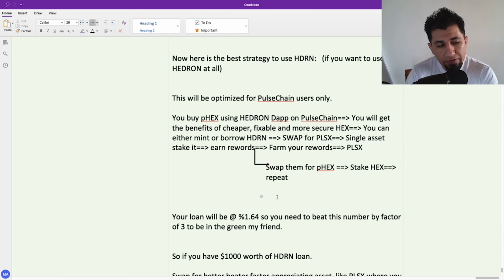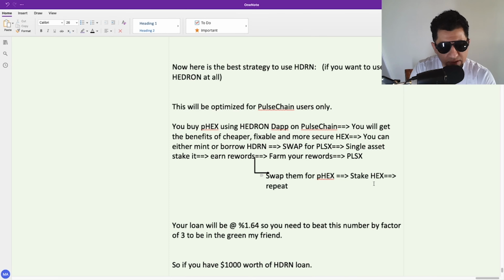So if you have $1,000 worth of HEDRON loan, and we are not going to take this example as of the actual crypto, HEDRON, HEX, and what have you. No, we are going to take it in the form of the actual dollar for the simplicity of it. All right, this is better, right? This is 10 times better.